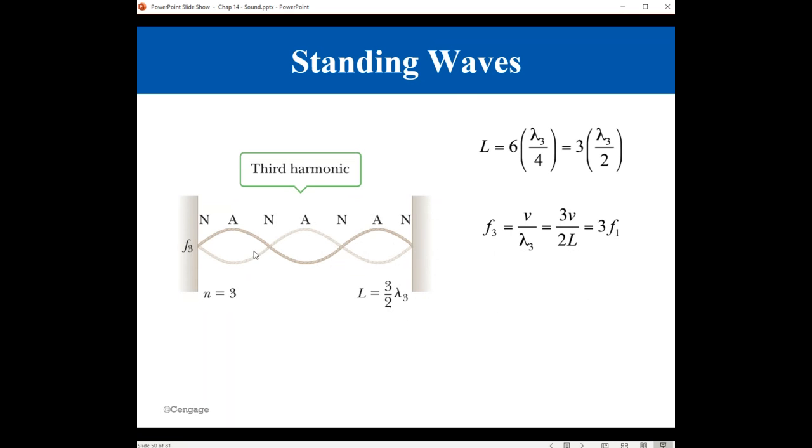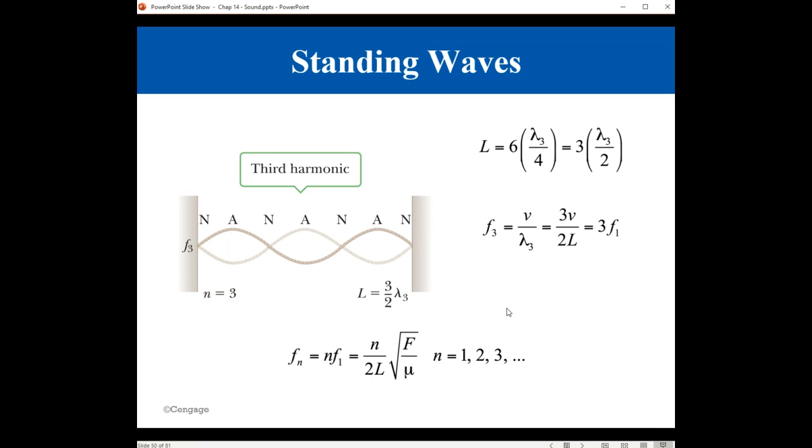If you check on the string that is oscillating, you will see nodes along the string, and there are anti-nodes. Usually anti-nodes correspond to maximum displacement from the equilibrium position, and node corresponds to zero displacement.